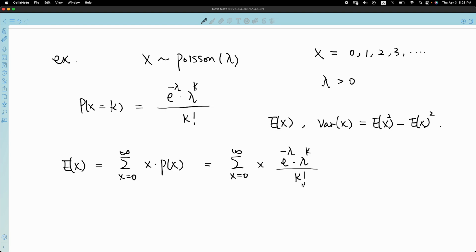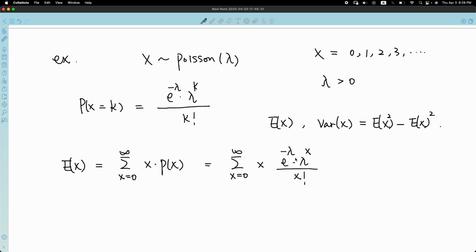Okay, so in this formula, here's a typo. Because here I use x, I'm just going to keep using x, but it's the same thing as x equal to a particular realization. So let me be consistent in the example with x for now.